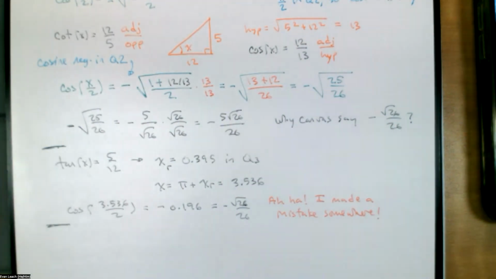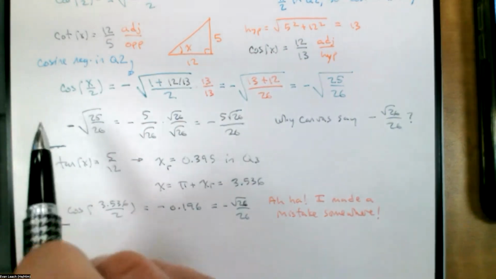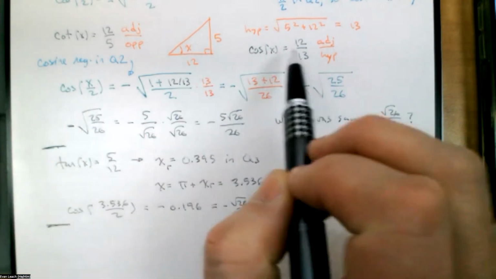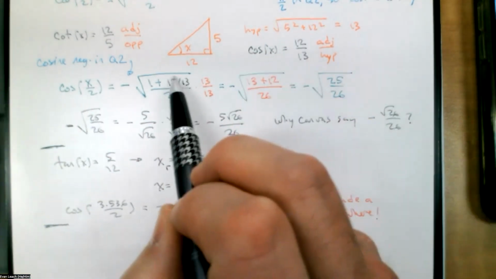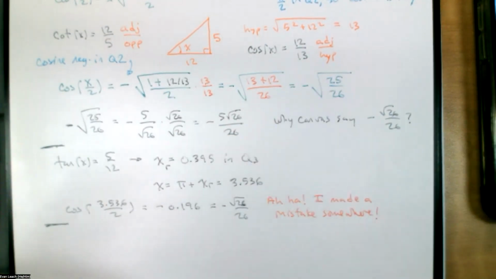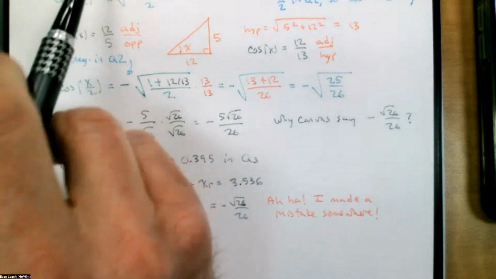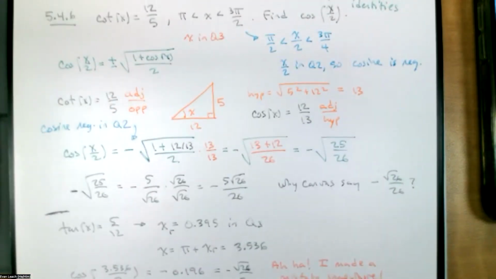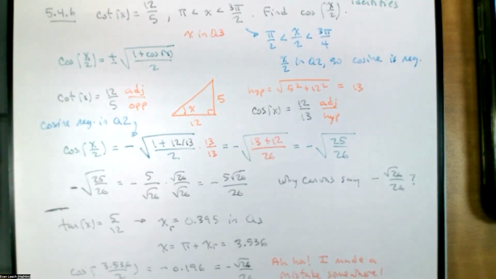Right, but we want to find the cosine of x over 2, right? Cosine of x over 2, and the cosine of x is 12/13, and that shows up here. No, we're given cotangent, and we're trying to find cosine of x over 2.